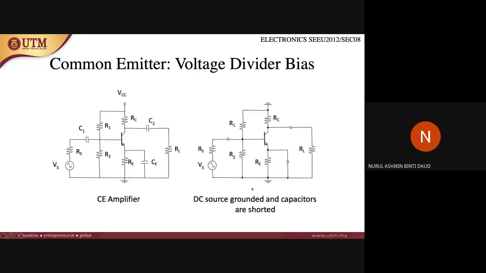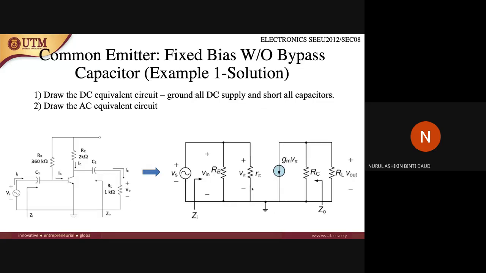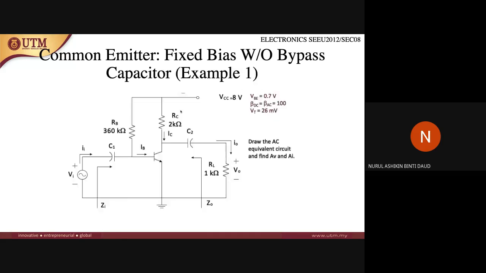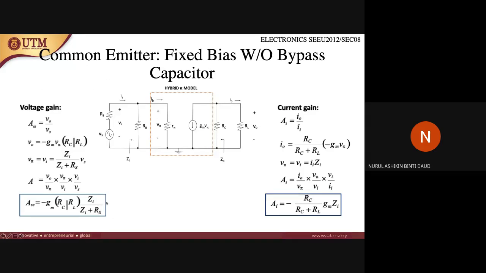AV and AI can be solved using this formula.